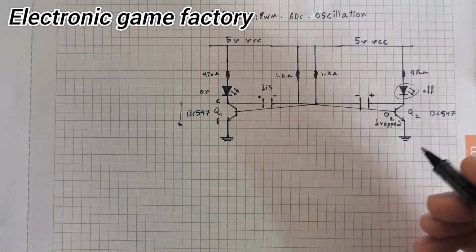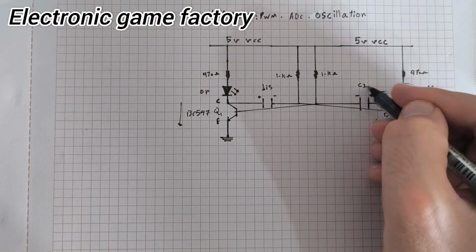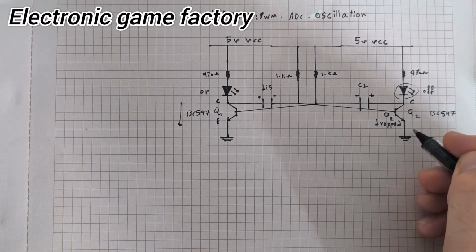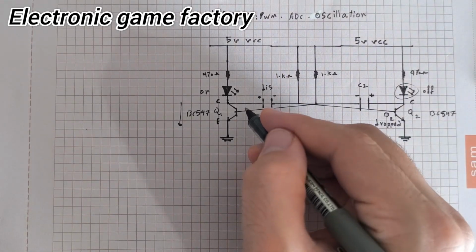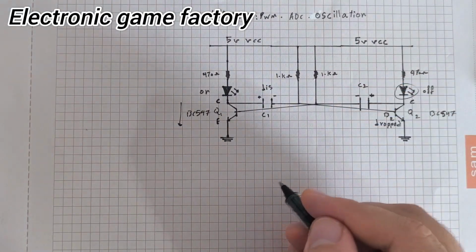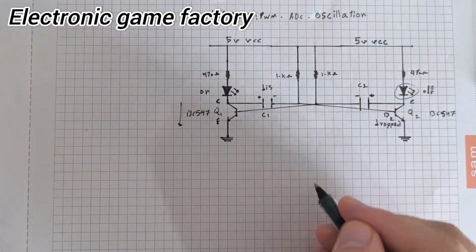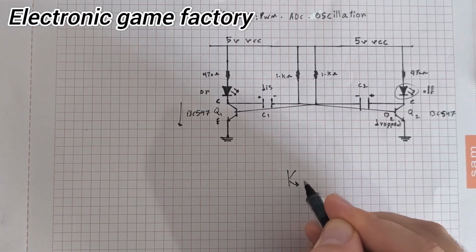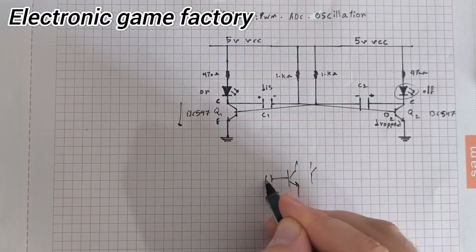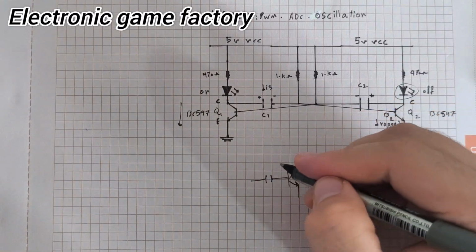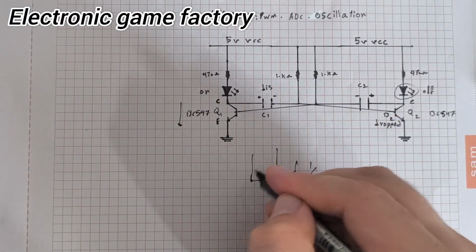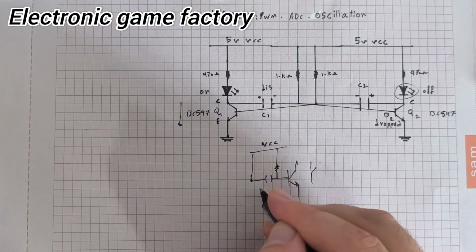But in the next cycle, the C2 will be charged because the collector is not really connected to the GND and it is waiting for the discharging of the C1. So in this way, when we are connecting the base like a key switch to the capacitor via a resistor, this one should be charged.